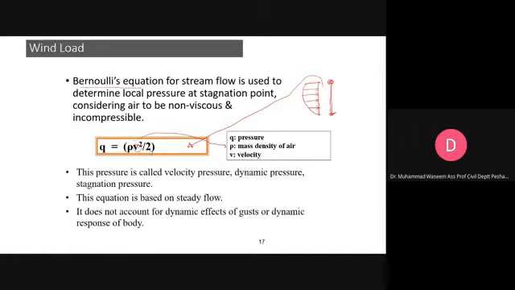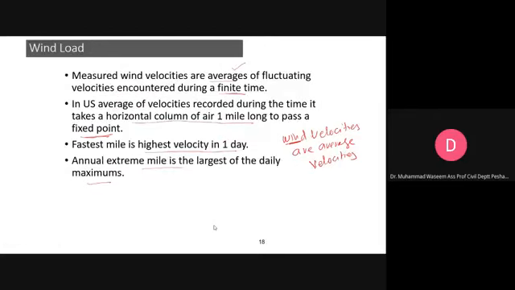Now this equation does not account for the gust, or for the dynamic response of the body. Whenever we design for winds, these wind speeds correspond to a certain return period.